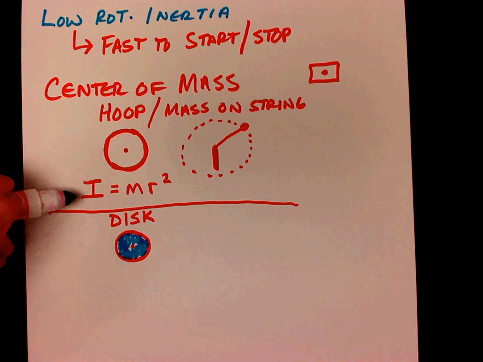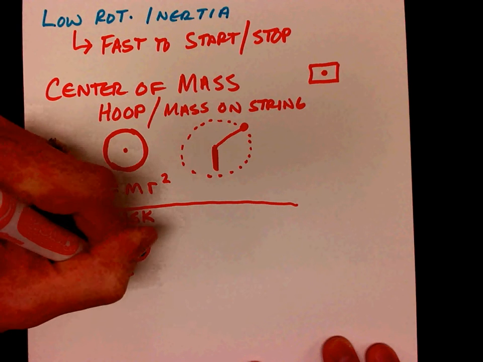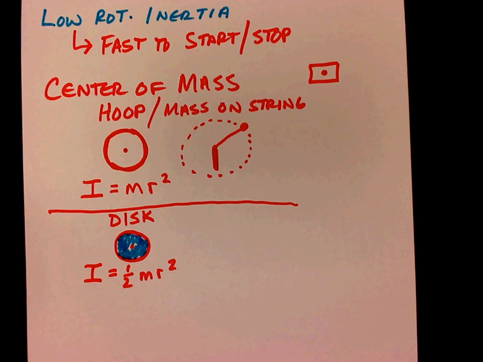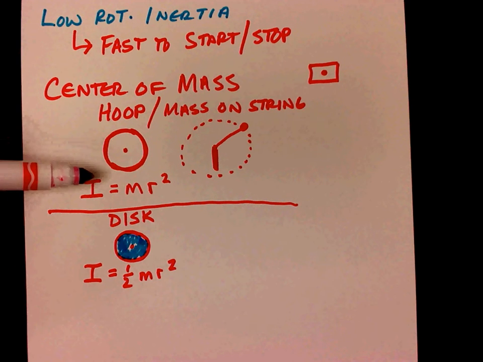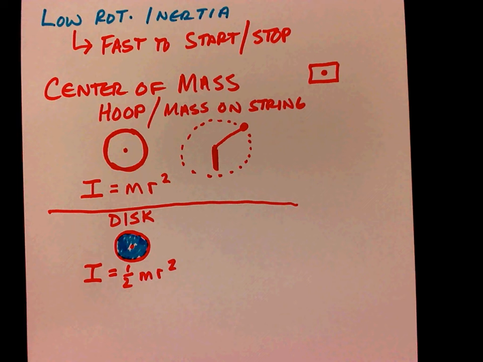And in fact, the equation sets up very similarly, but it now has a 1/2 in it. So now you can see clearly with that 1/2 that the rotational inertia of a disk is less than that of a hoop. And that's based on a lot of its mass being located more centrally, close to that axis of rotation. So that's a disk. Anything that would be solid would follow those principles.